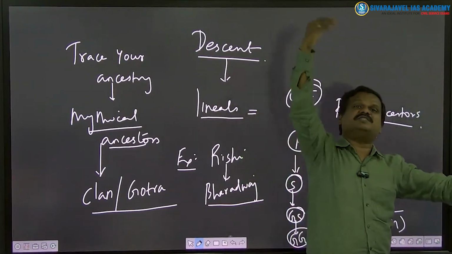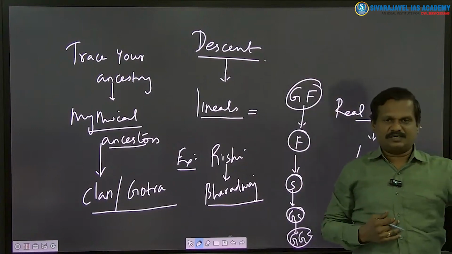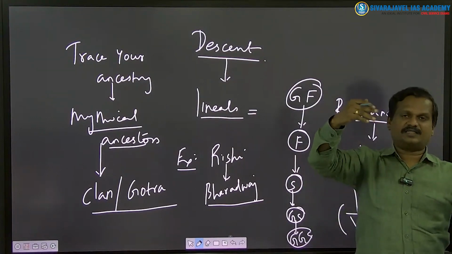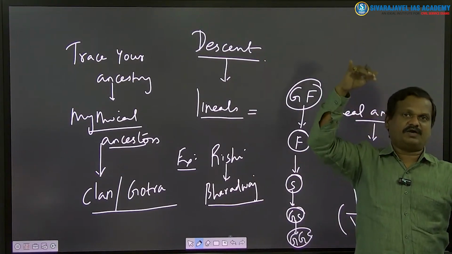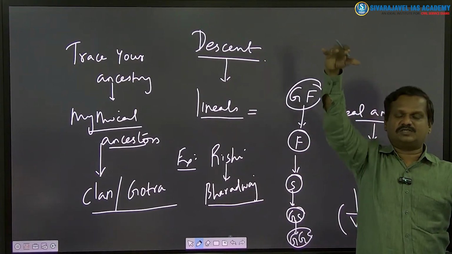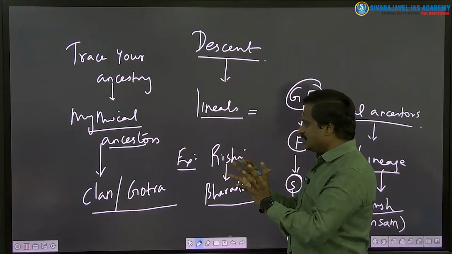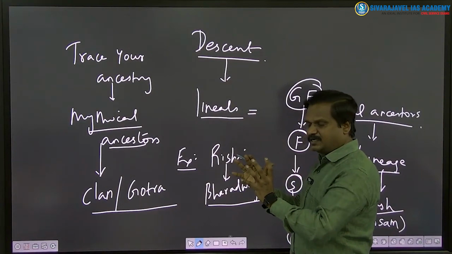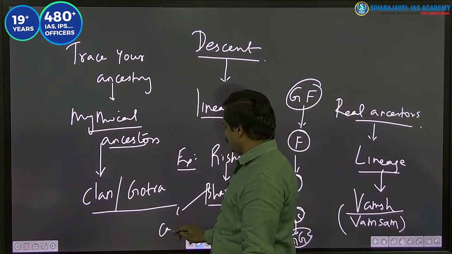No, no. It is mythical. It's a fiction. It's an imagination. So you share the descent based on a mythical ancestor. You say that we all come from that rishi called Bharadwaj. So if you come from the same rishi, the same clan, which is a mythical ancestor, you cannot marry each other.